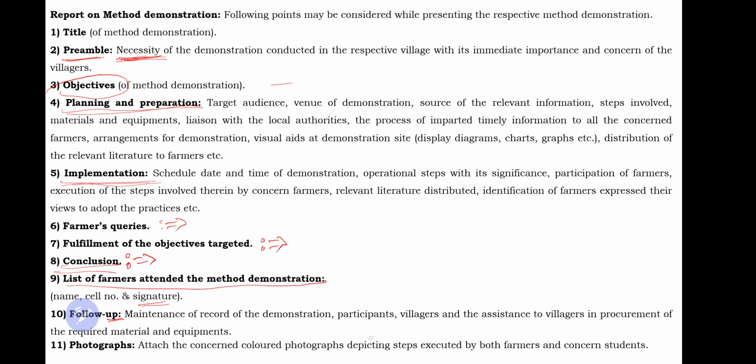How many farmers assured you to use it next year? What percent of farmers just listened and went back to their own work without accepting what you demonstrated before them?